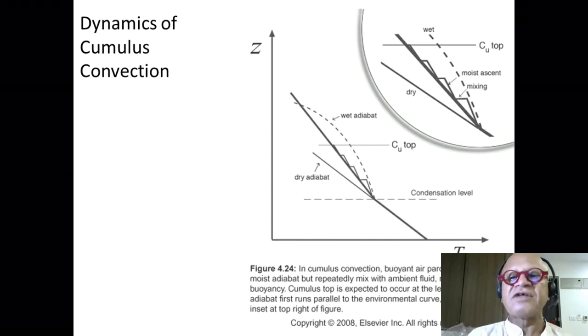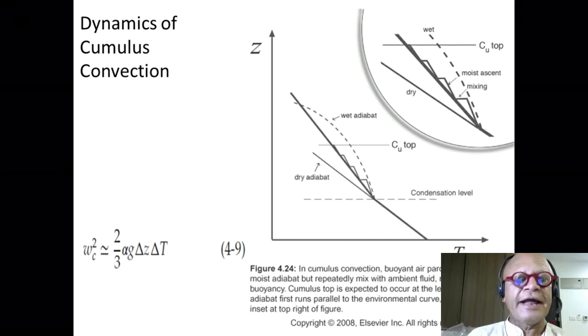So it's a very quick introduction, and you can look at the vertical motion in the cumulus convection in terms of the height change that happens and the temperature change that is associated with the parcel movement.